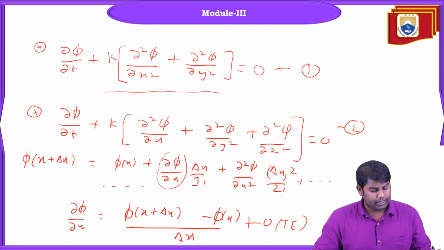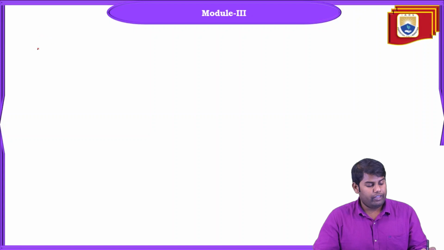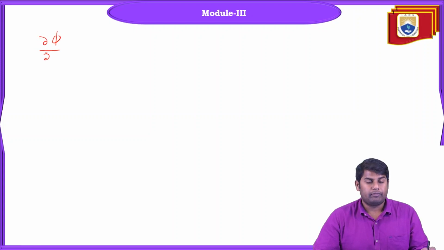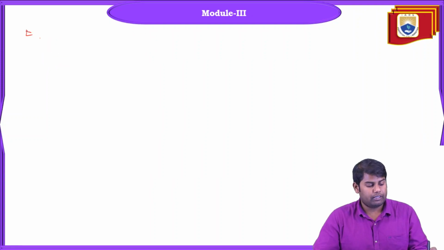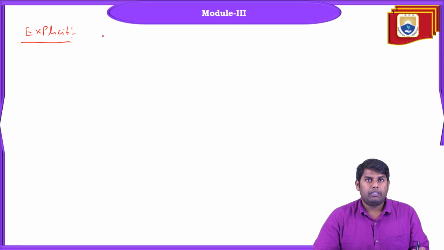What do we have here? We have first the ∂φ/∂t term. We are doing it first for the explicit method.